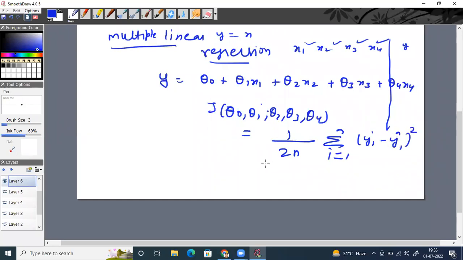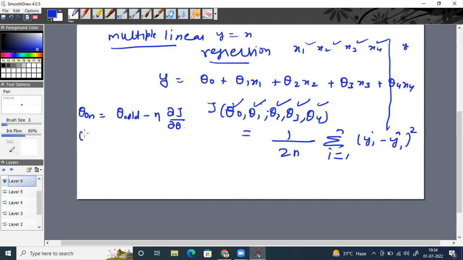But now, when the update happens, how many weights do you have to update, everyone? 1, 2, 3, 4, 5 weights you have to update simultaneously. Earlier we saw only one equation getting updated, but it is multiple linear regression, so multiple weights will be updated at the same time. How? Theta naught new will be nothing but theta naught old minus eta del J by del theta naught old.